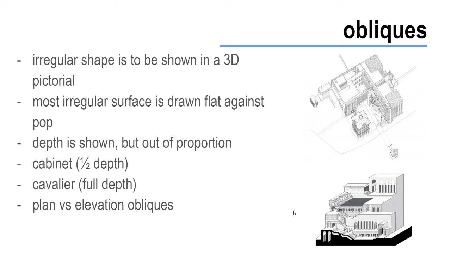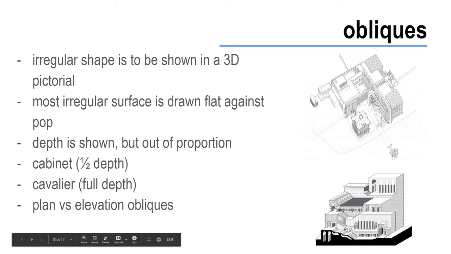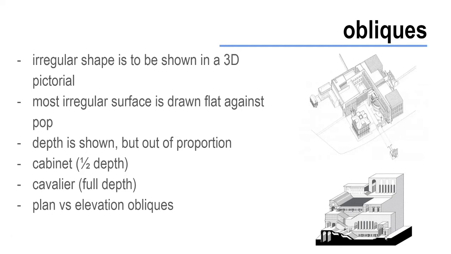Or a cavalier, which you would do at full depth. And so in a plan oblique, your depth would be the height of the building, so this depth would be the heights coming up. And in an elevation oblique, your depth is your building going back.